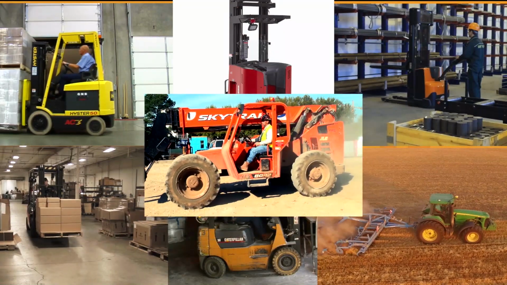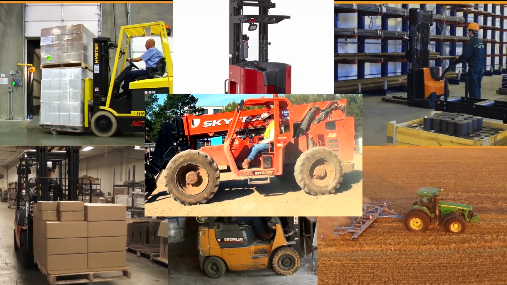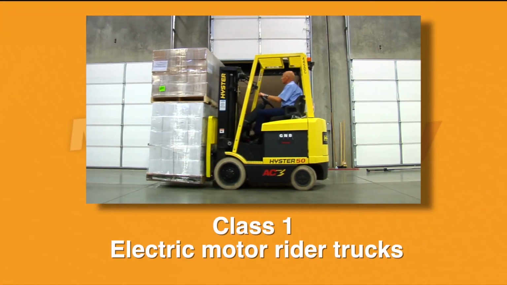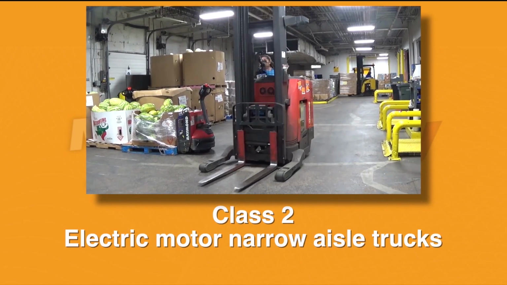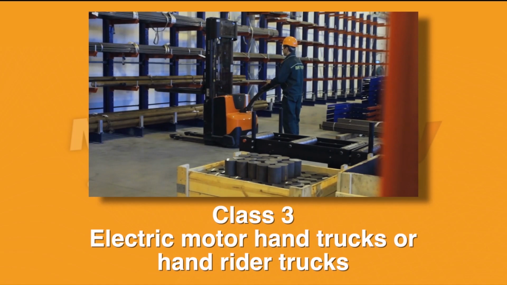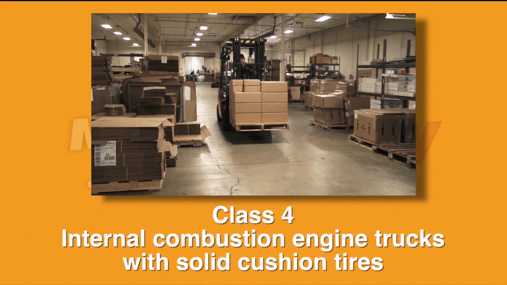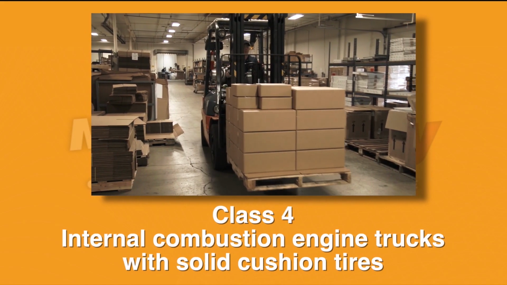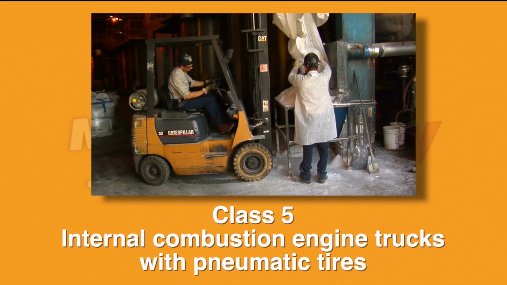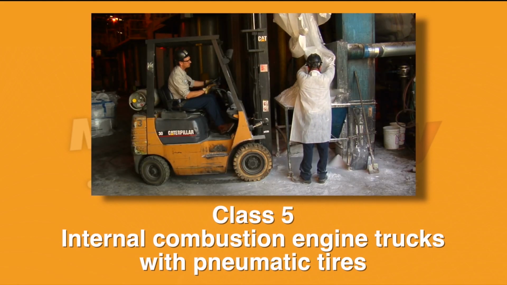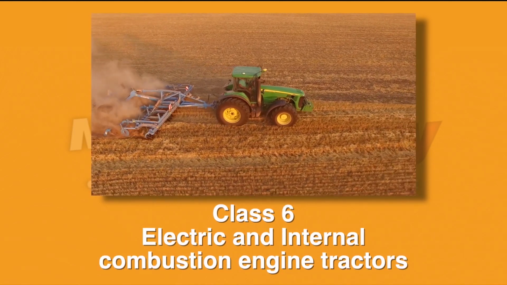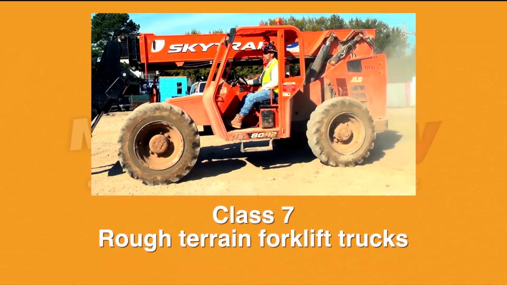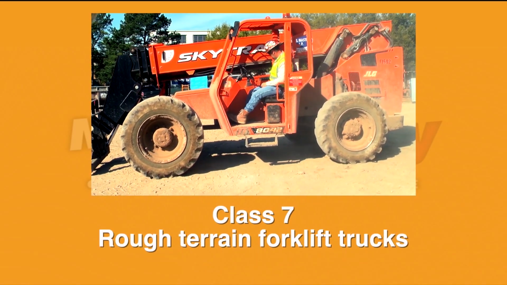Forklift types. There are 7 classes of commonly used powered industrial trucks, which include Class 1, electric motor rider trucks; Class 2, electric motor narrow aisle trucks; Class 3, electric motor hand trucks or hand rider trucks; Class 4, internal combustion engine trucks with solid cushion tires; Class 5, internal combustion engine trucks with pneumatic tires; Class 6, electric and internal combustion engine tractors; and Class 7, rough terrain forklift trucks.